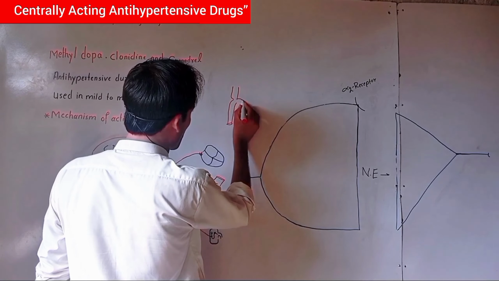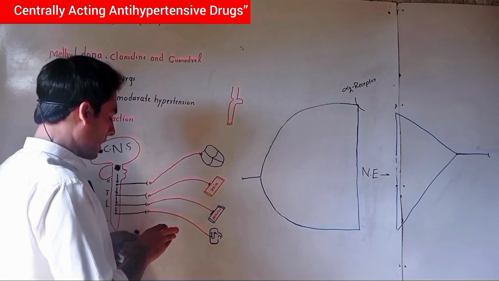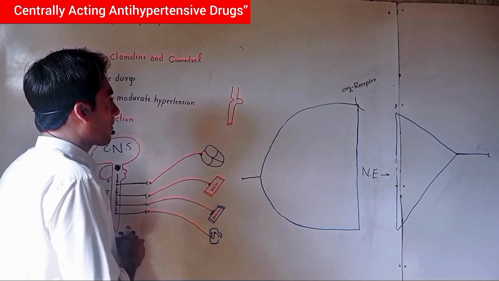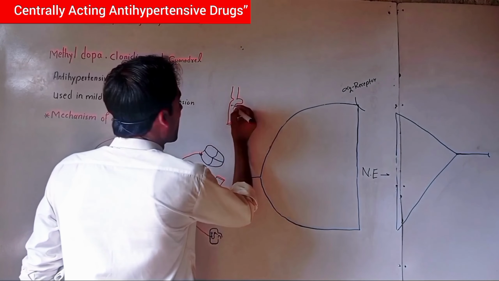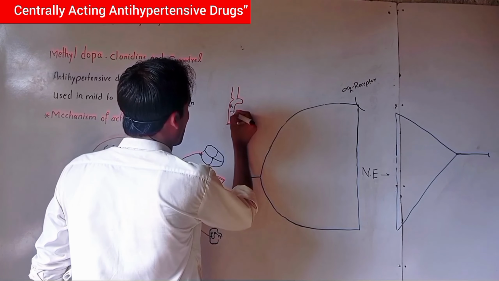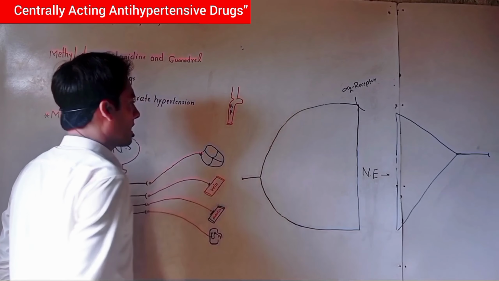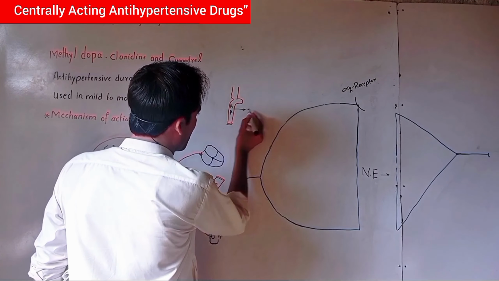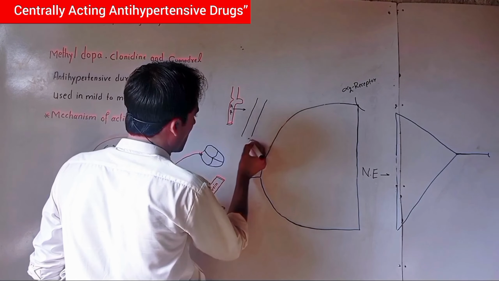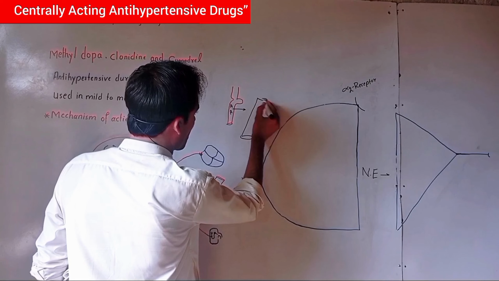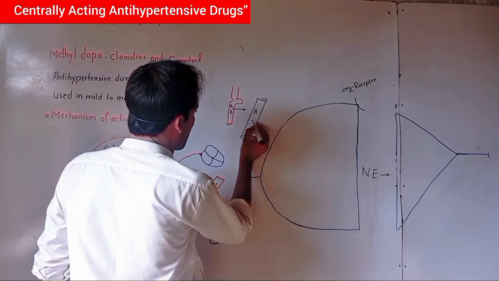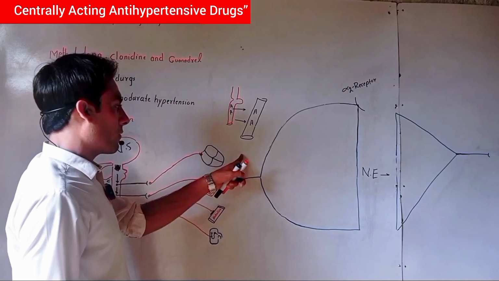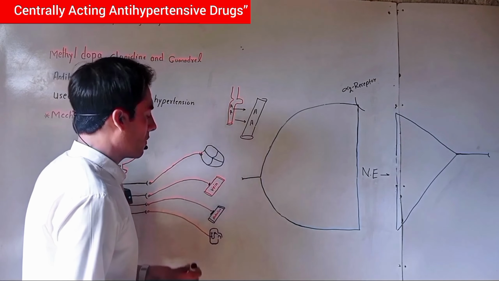Let's suppose this is the GIT, the gastrointestinal tract, and someone takes proteinous food and it converts into simple amino acids within the GIT. From the GIT, these amino acids are absorbed into the general circulation. When amino acids enter the general circulation, they distribute all over the body and tissues.